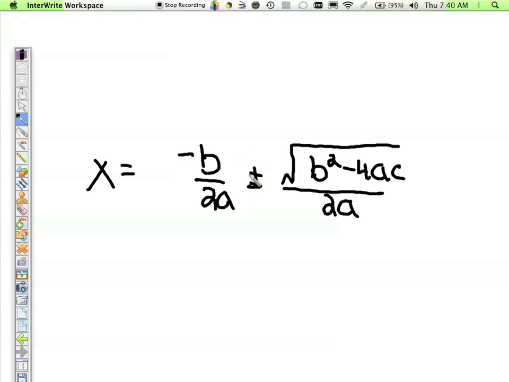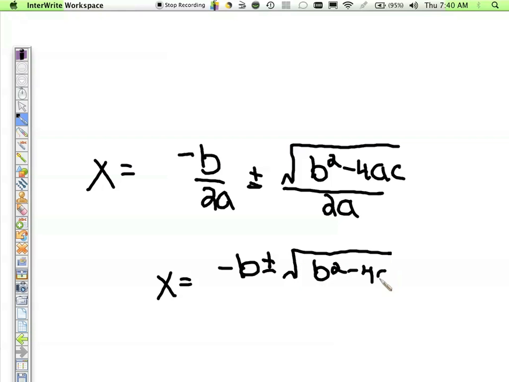Then I can write the two numerators as one numerator because I have a common denominator. So this becomes x equals negative b plus or minus radical b squared minus 4ac, all over 2a.